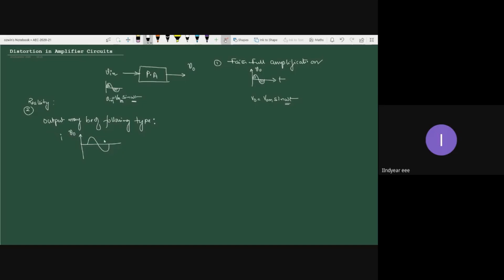So this is your output. Or you may also get an output of this kind. So this is also, say, V naught, and this is your T, or omega T.